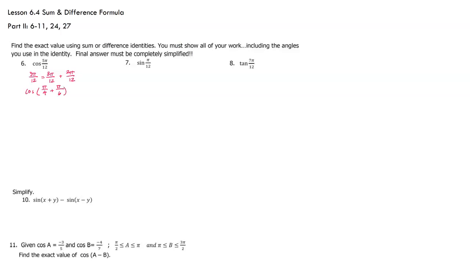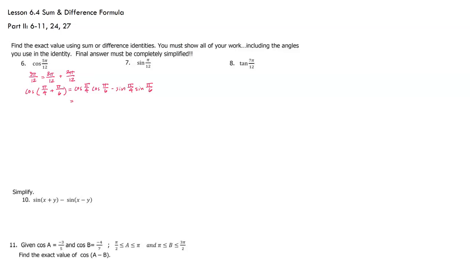Then you can go ahead and use the formula, and that'll be cosine of pi over 4 times cosine of pi over 6 minus sine of pi over 4 and sine of pi over 6.